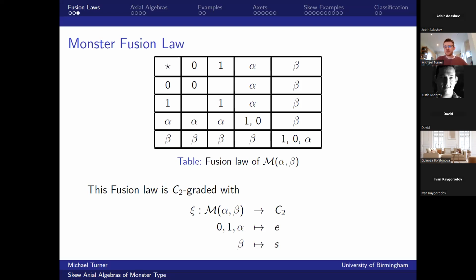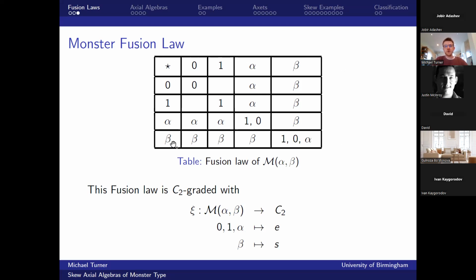So the next one, which is obviously going to appear in the talk because it's in the title, is the monster fusion law. This is a fusion law with 4 elements in its set now: 0, 1, alpha, and beta. And we always want our fusion law to have elements that are distinct. Maybe just to make a note, this monster fusion law has a Jordan fusion law inside of it with just 0, 1, and alpha.